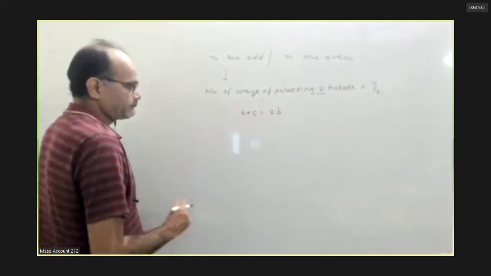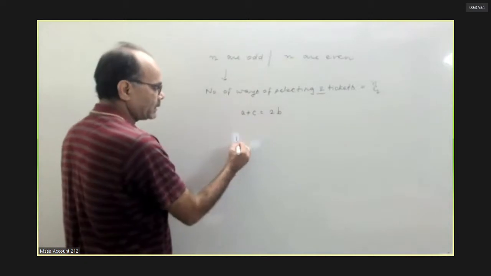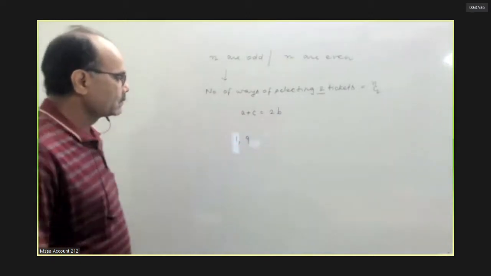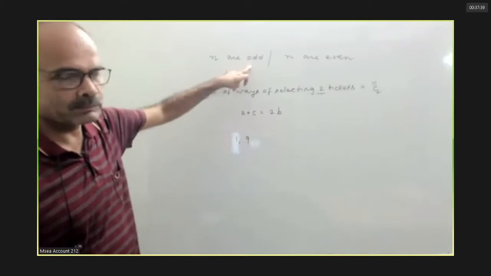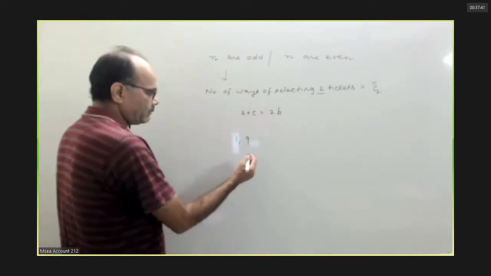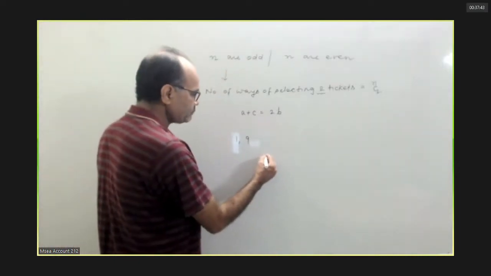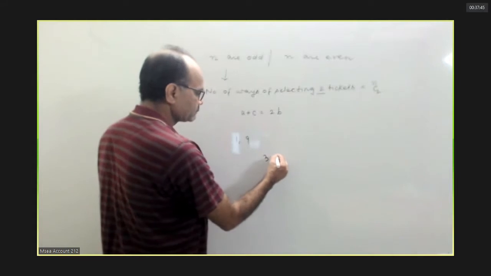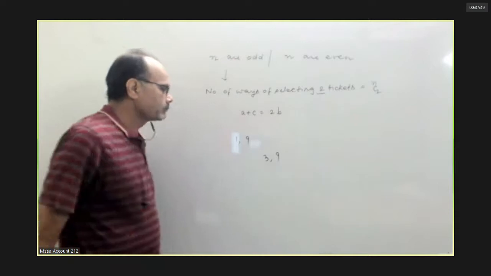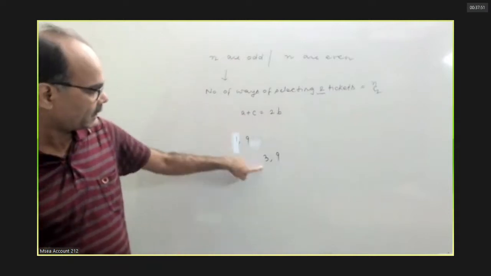For example, suppose I select from here 1 and 9. So what is B? 5, from the same group. If I select 3 and 9, A is 3, C is 9.